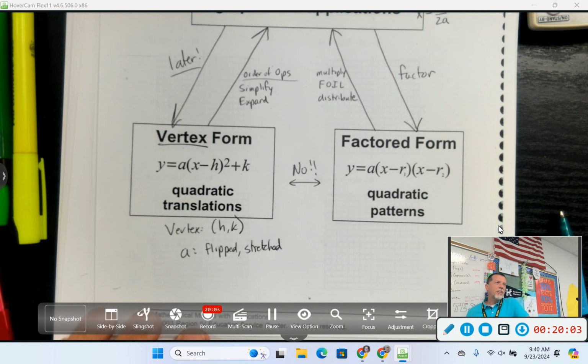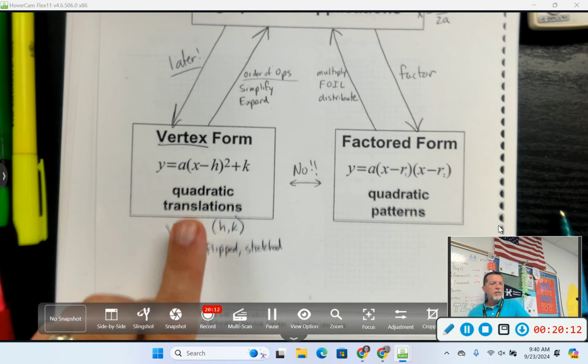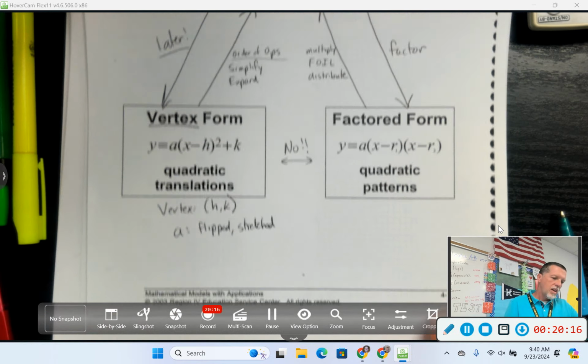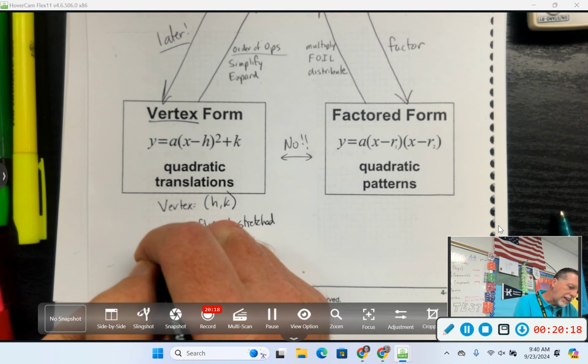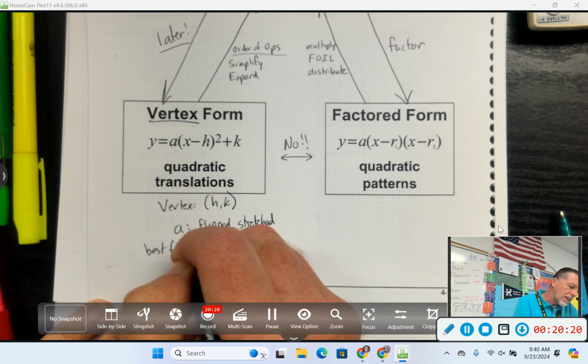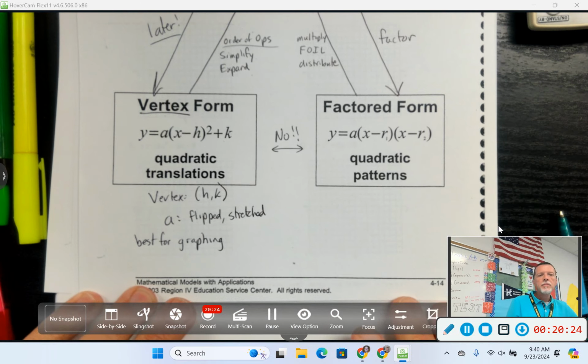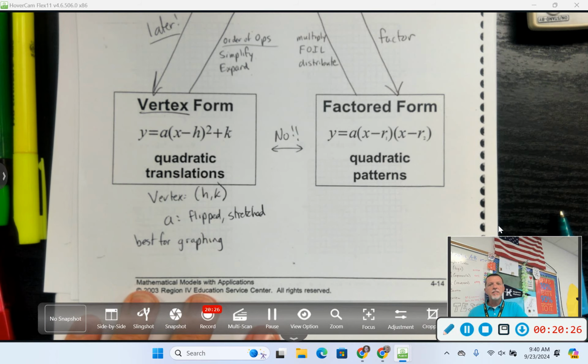And that's why we like vertex form, because you can go find the vertex, and you know to do 1, 1, 2, 4 after that. So vertex form is easy for graphing because you have the translations. In fact, I think I'd even say it's best for graphing. It's easy to graph it in that form.